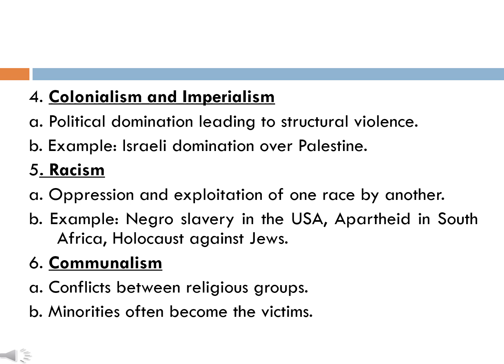Fourth, colonialism and imperialism, the political domination leading to structural violence. Example, the Israeli domination over Palestine. Then racism, oppression and exploitation of one race by another. Apartheid in South Africa, the Holocaust against the Jews. Sixth one, communalism, the conflicts between religious groups. The minorities often become victims of these kinds of violences existing in the society.